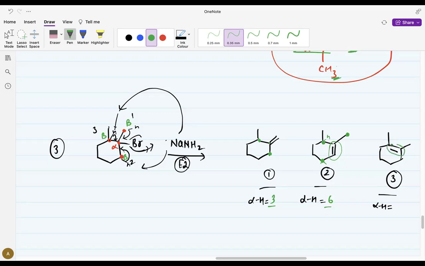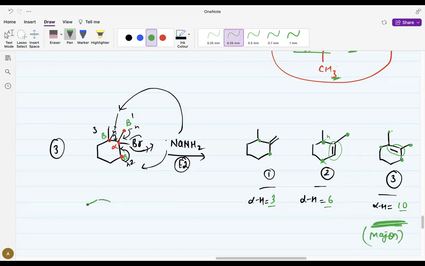The alkene carbons are this carbon, this carbon, this carbon, and this carbon. So 3 plus 3, 6 plus 2, 8 plus 2, 10. So out of all the 3, the third one will be our major product.